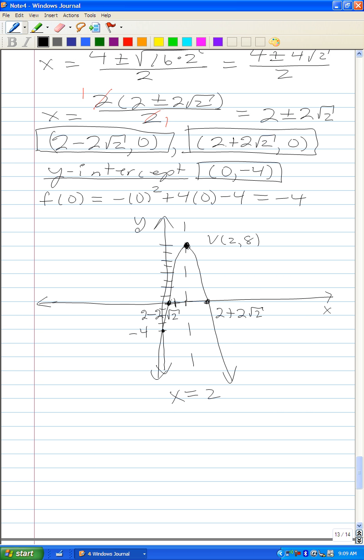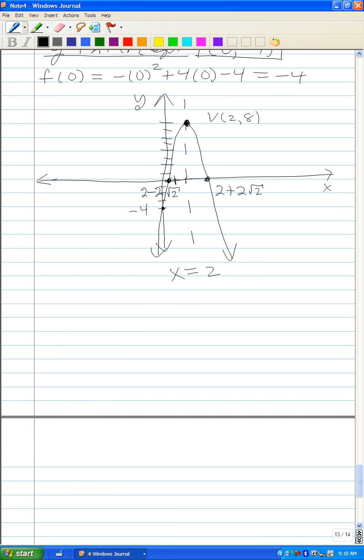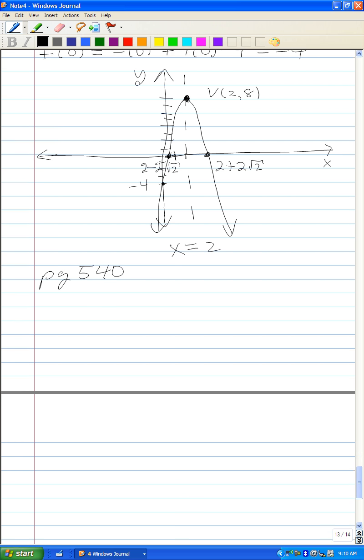Okay, so let's go on to Chapter 9, Section 9.1, page 540. Problem number 10.